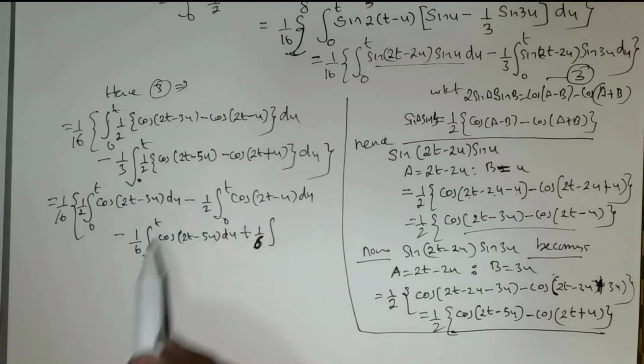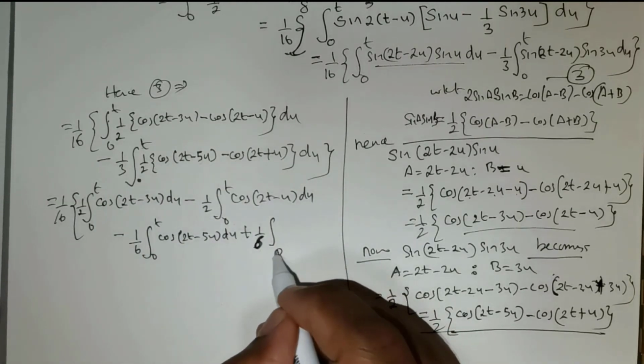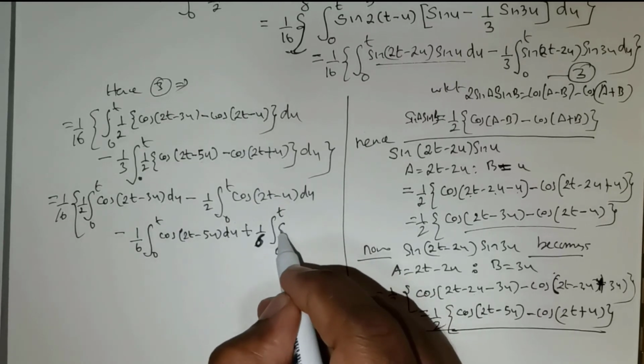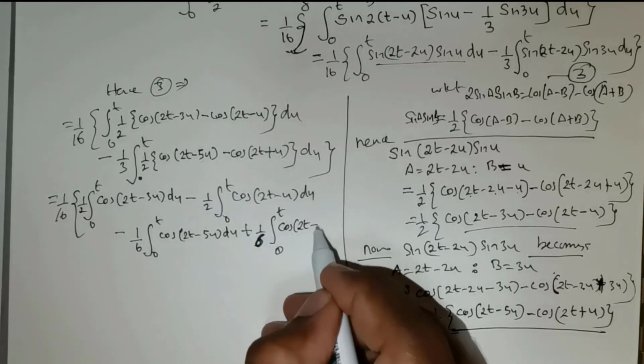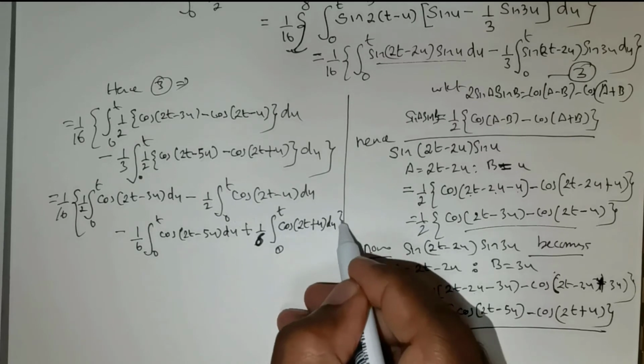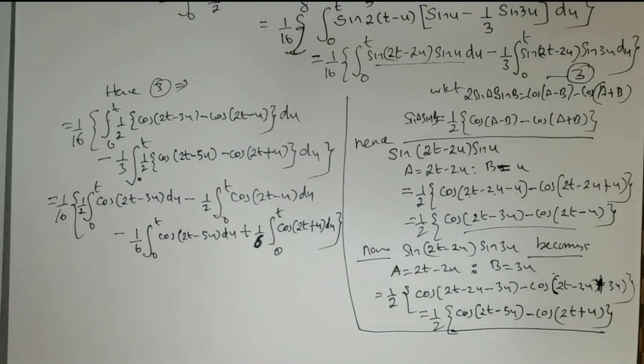So when we bring in minus, minus, plus, that's fine, from 0 to t, and this is going to be cos of 2t plus u du. So this is what we have got.